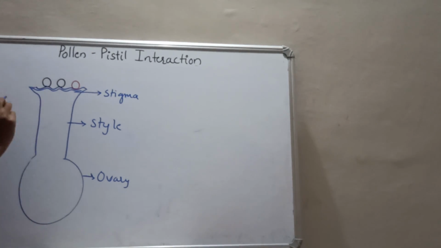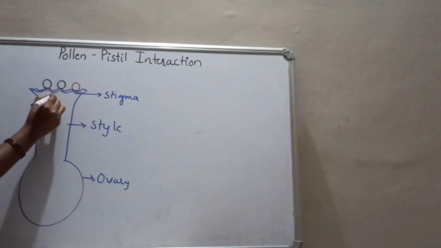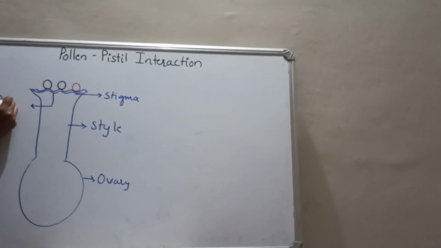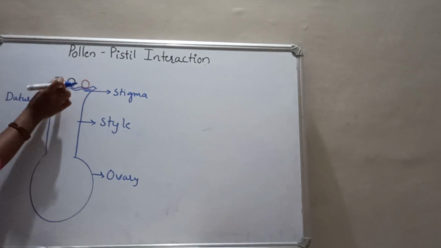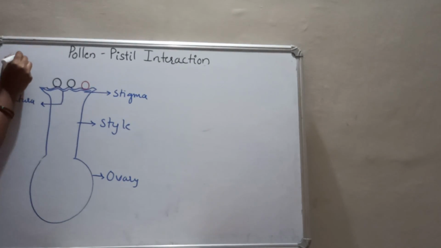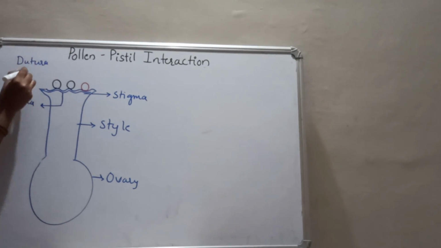Here these are the pollen grains. Consider this is the stigma of the Datura plant. These black color pollen grains are the pollen grains of the Datura plant.